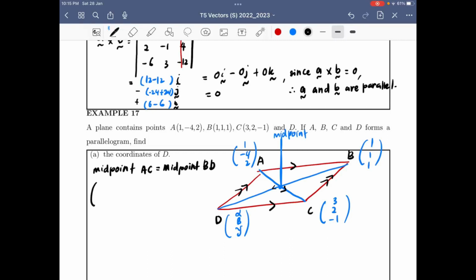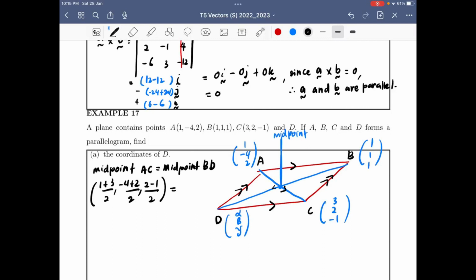This is pengetahuan sedia ada, existing knowledge. 1 plus 3 divided by 2, -4 plus 2 divided by 2, and then 2 minus 1 divided by 2. What about midpoint for BD?